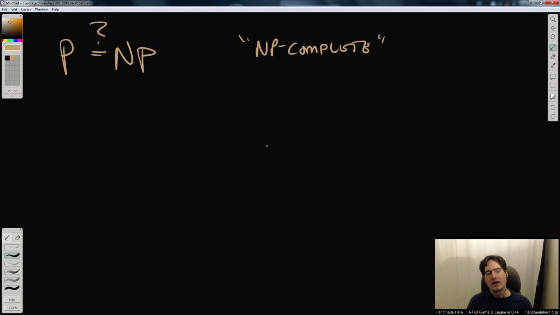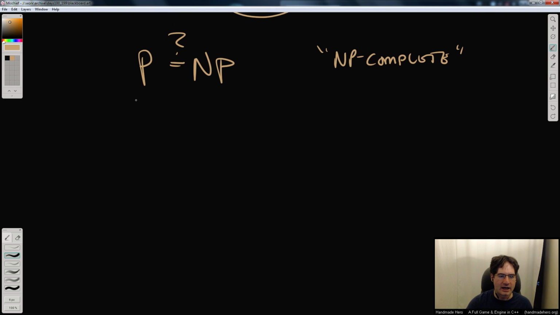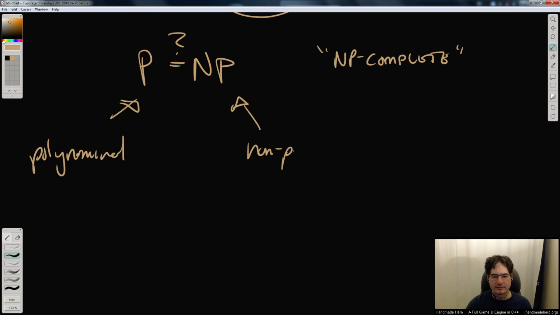Okay. What this refers to is actually order notation. And so once you know O(n), O(n squared), and so on, this starts to come into play. You can understand P and NP totally fine. What they actually stand for is just polynomial and non-polynomial.